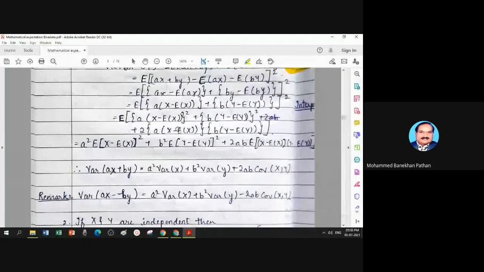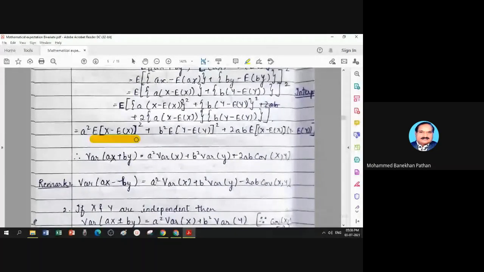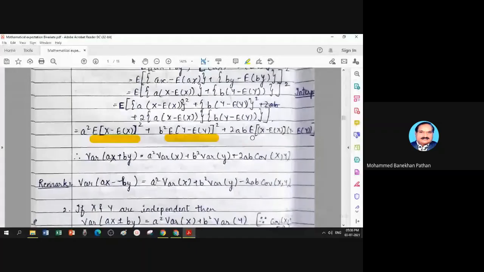Now easily you can see from your semester 1, this is the definition of variance of X. This is the definition of variance of Y. And just now I have given you the definition of covariance: X minus EX multiply Y minus EY. Be careful, this is minus. So this is your covariance, and that is the proof of your statement.